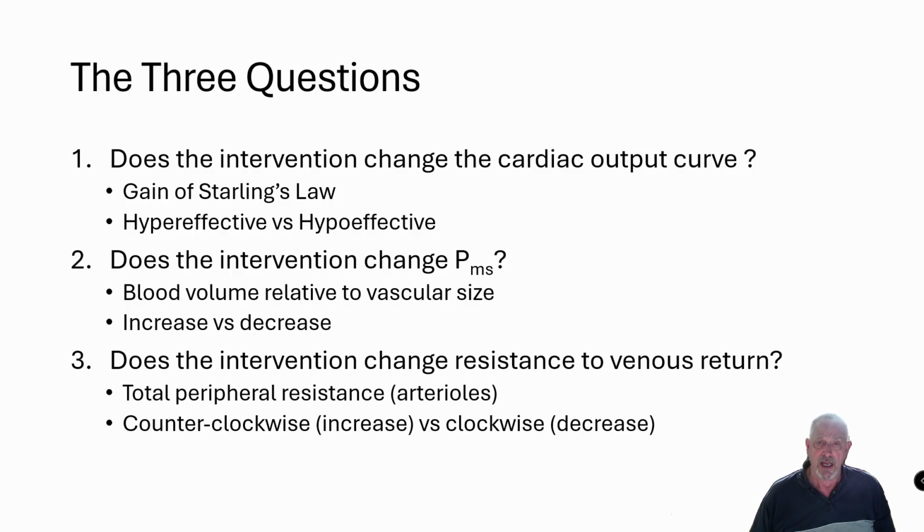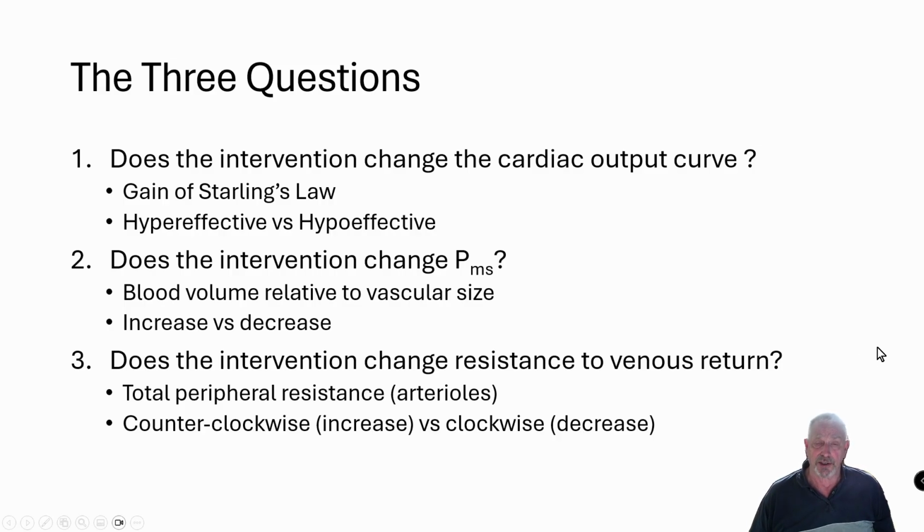The final third question that we ask is, does the intervention change the resistance to venous return? Here we want to really think about total peripheral resistance in the arterioles, which are the resistance vessels. If it increases total peripheral resistance, we're going to pivot the curve in a counterclockwise direction, more parallel to the pressure axis.